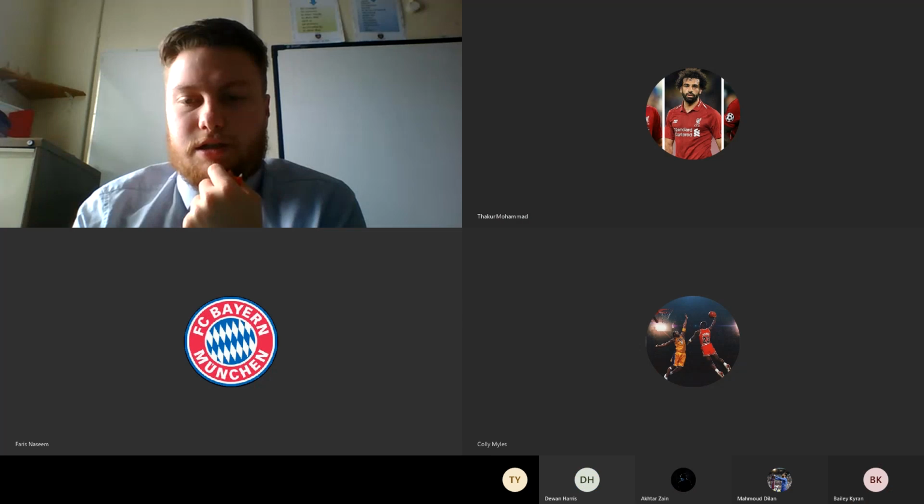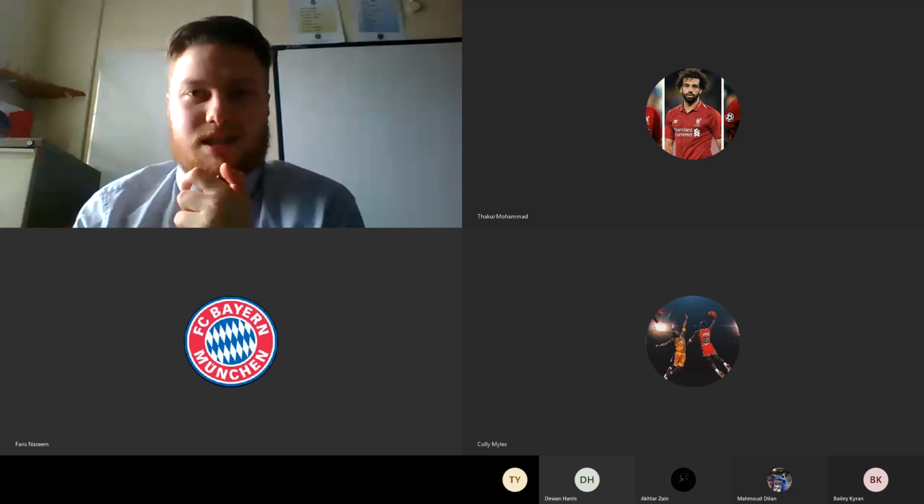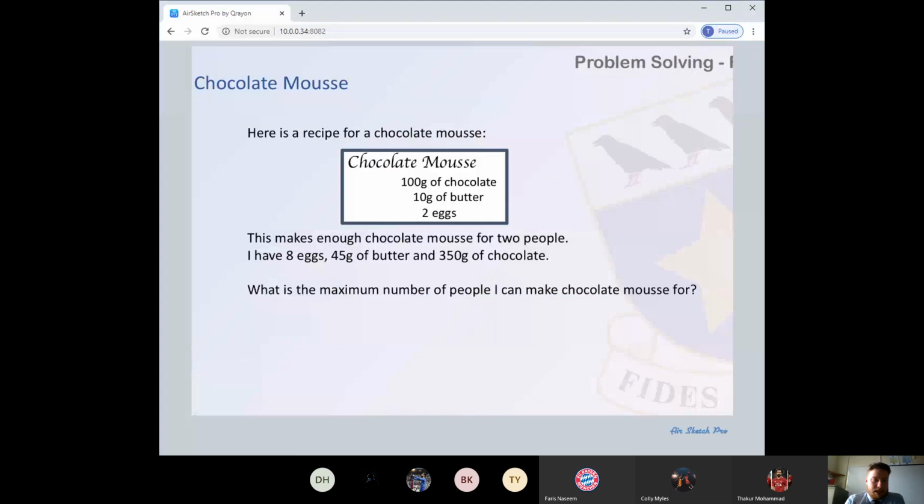Let's go back to the question just so that you can see it properly. Just in case anyone needed the numbers again. So there you go. So 100 grams of chocolate, 10 grams of butter, and 2 eggs is enough for 2 people. And we have 8 eggs, 45 grams of butter, and 350 grams of chocolate.